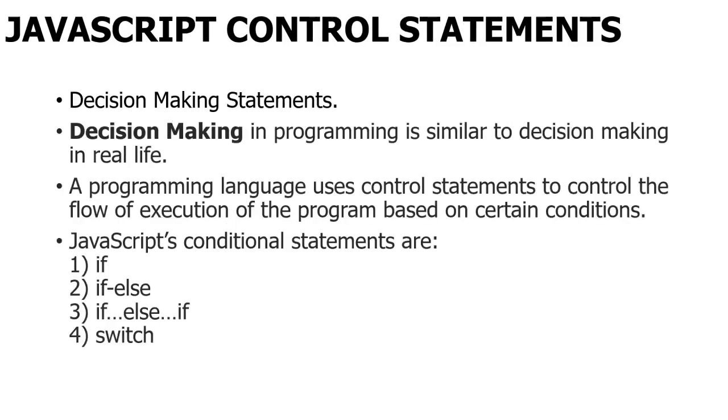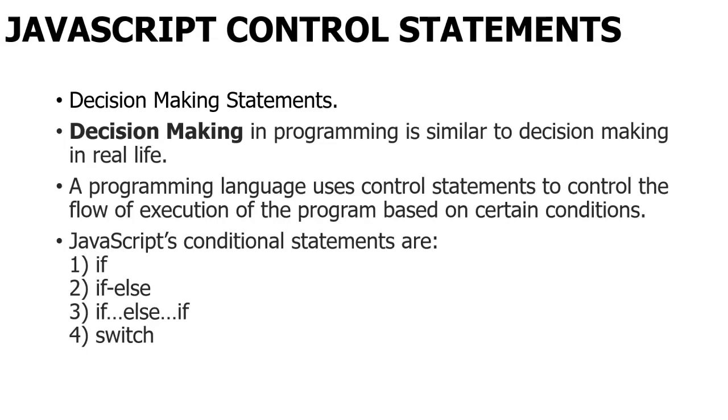Starting with the decision making statements, the decision making statement controls the flow of execution based on certain conditions. If the condition is satisfied, you'll get some output. If the condition is not satisfied, you'll get some other output.